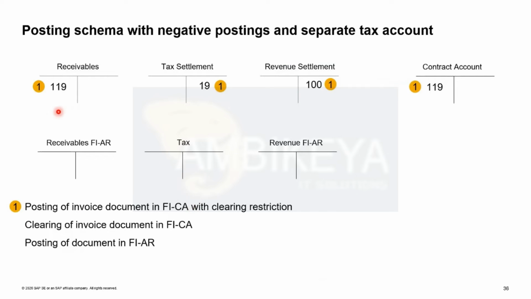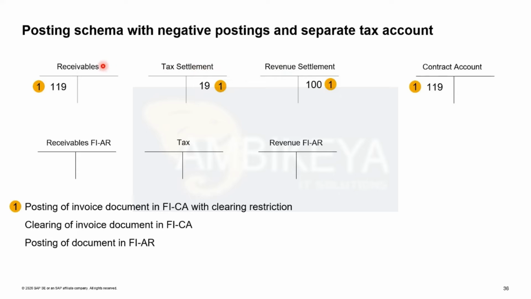How does it look like if you look at the posting schema? Of course, the postings in FICA are done like in the past. We post receivables against taxes and revenues, and you have the gross amount on the contract account. That's if you look at the account display, you see here's a document posted, but it has a clearing restriction.